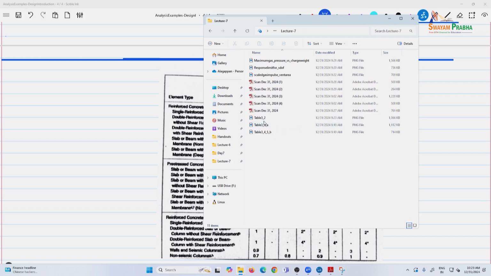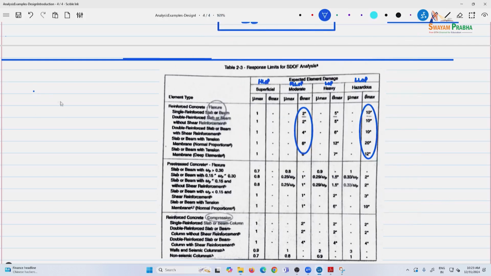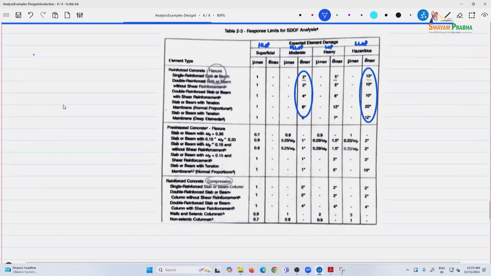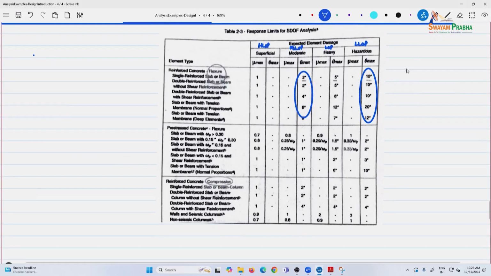So let me put these also, table 33A. I'll insert these for reference purposes. We have used it, so let me put those in anyway. So this gives you LOP and damage limits.